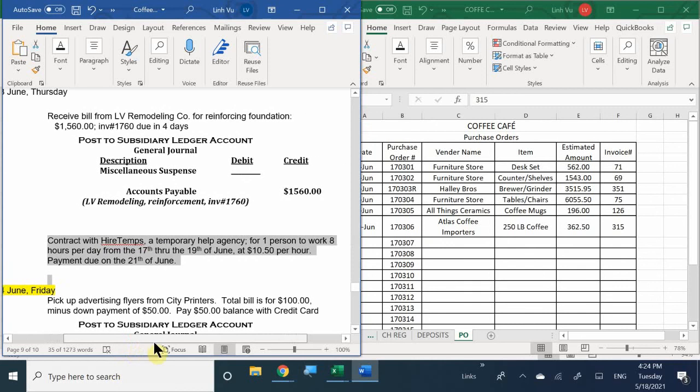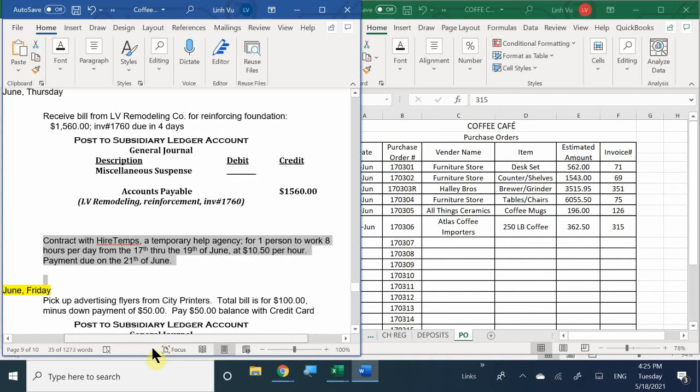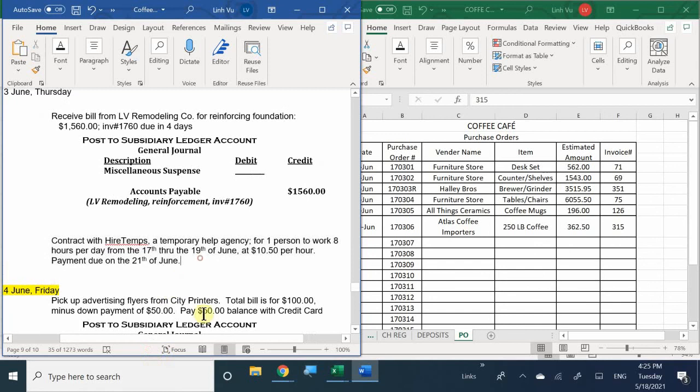Okay, so Hire Temps. We wanted somebody to come and work for us temporarily. Okay, so in this case, we know what the date's going to be. We're going to hire them to work from the 17th through the 19th. So that's usually during the very first week of when we open our store. And how much are we paying them? $10.50 an hour.